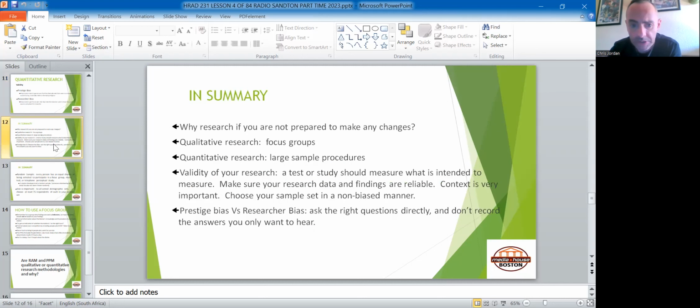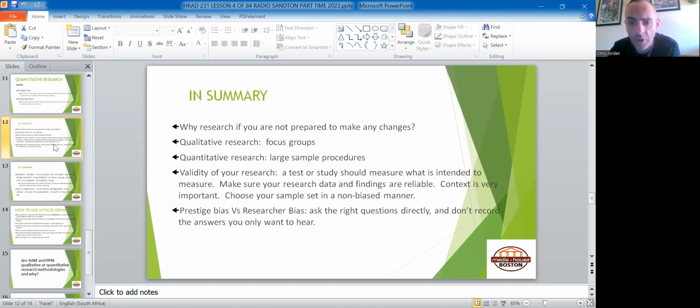So, in summary, why research if you're not prepared to make any changes? Qualitative: focus groups. Quantitative: large sample procedures.